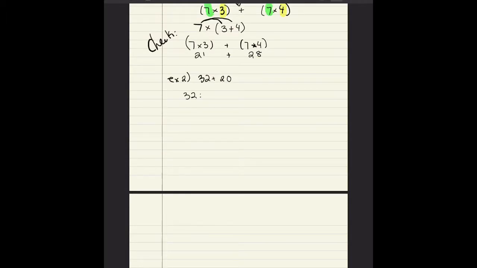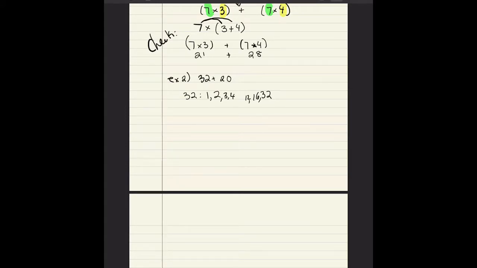So find my GCF first. 1 times 32 is 32. 2 times 16 is 32. 3 times 12 is 32. Uh-oh, I think I'm gonna run out of room. Can 4 go into 32? Yes.